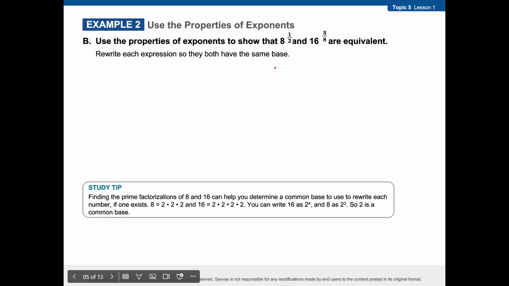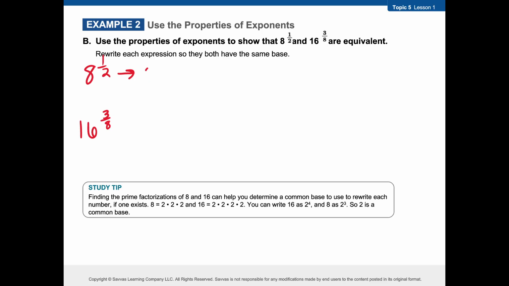Next, how to show that these two rational exponents are equivalent. So we have 8 to the 1/2 and 16 to the 3/8. First, we can start off by trying to make the bases the same. 8 and 16 obviously are not the same base, but how can I rewrite them to be the same base?